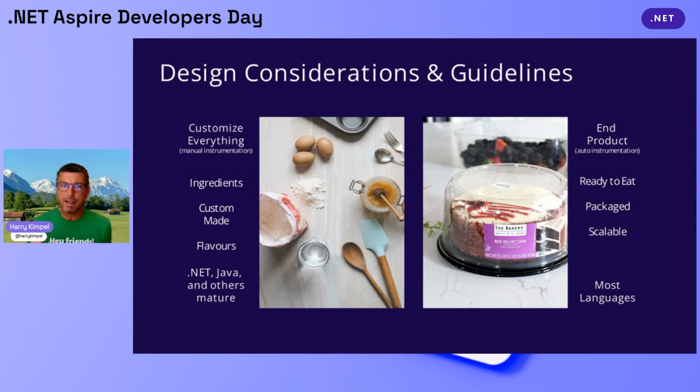I have this picture in mind when I want to serve a cake to my family. I can either bake it on my own, choose the ingredients and all the different flavors, and custom make it locally at home, or I could go to a bakery and choose one that is out on display, whatever suits me.